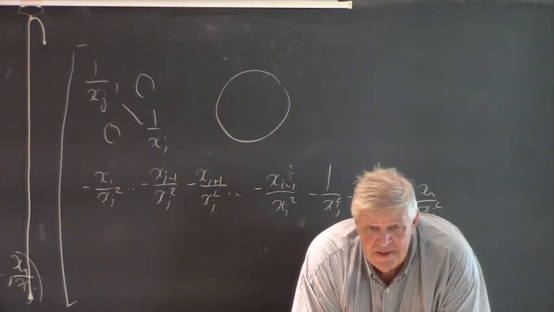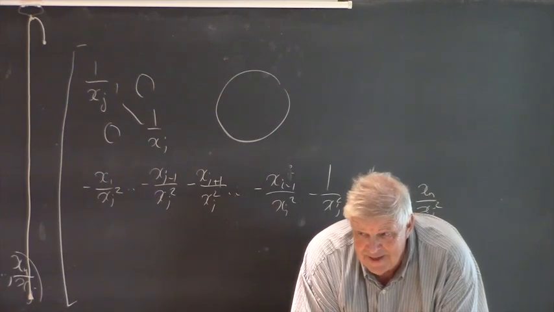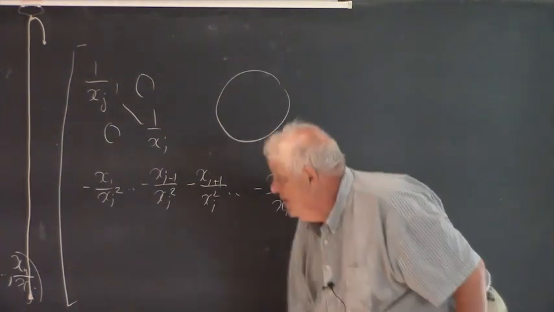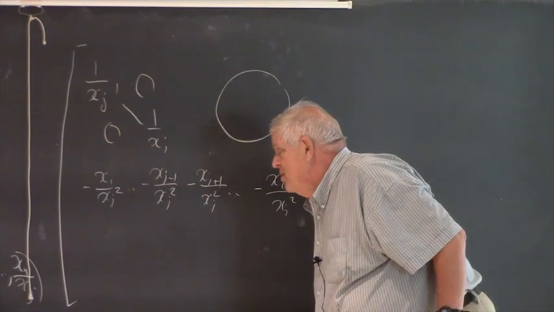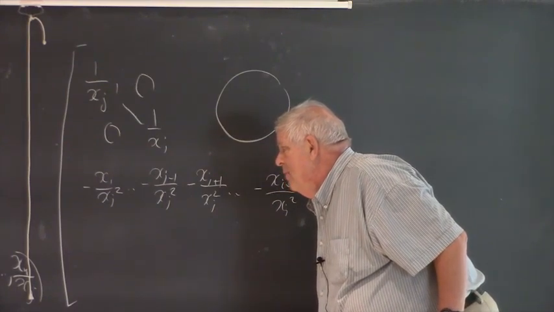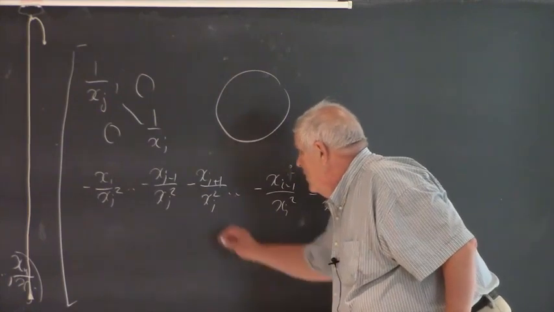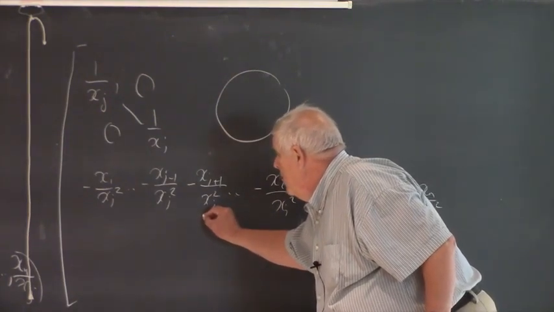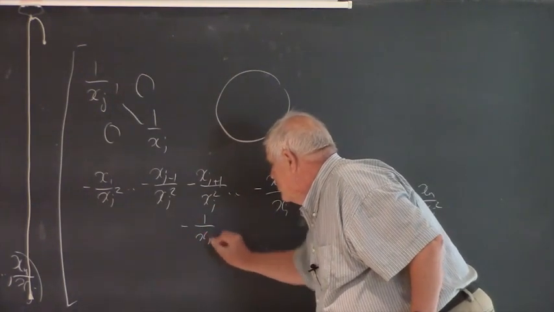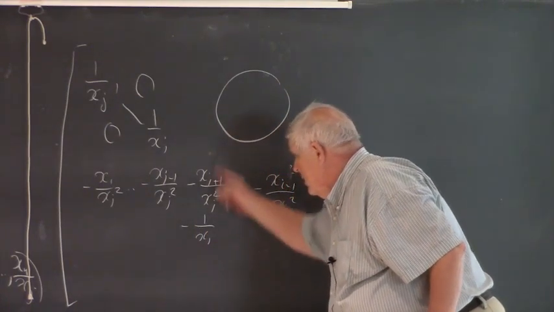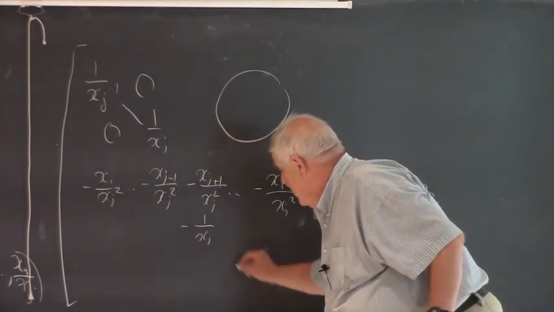But even if it is wrong, definitely all the rest will be okay, because I need to take the derivative with respect to x_{i+1} and so on. Next row will be 1 over xj and zeros otherwise.